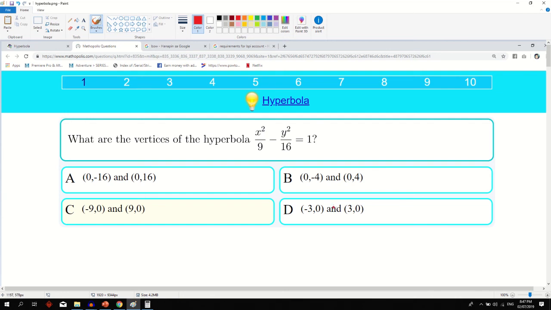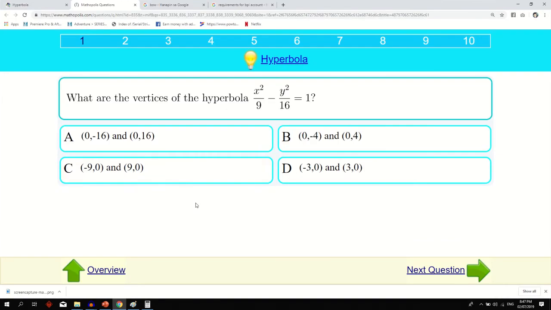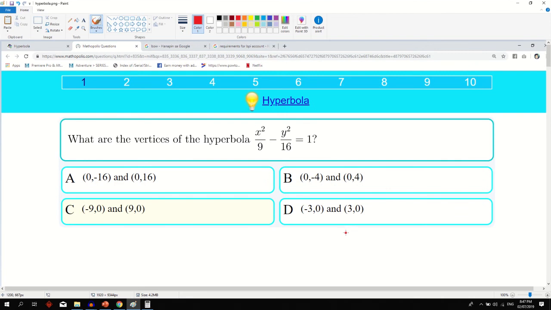A should have the greater denominator, so this will be the A. So A squared is equal to 16.